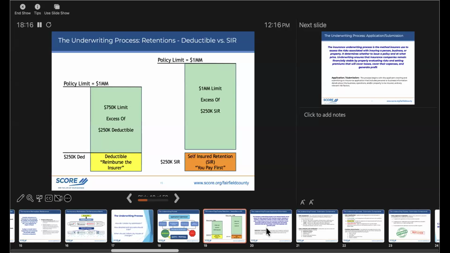So a deductible is where the insurance company would pay the claim in totality, and then you would reimburse them for the deductible amount. And then a self-insured retention is where the policy does not respond until you have paid your portion, or the self-insured retention. You pay first.